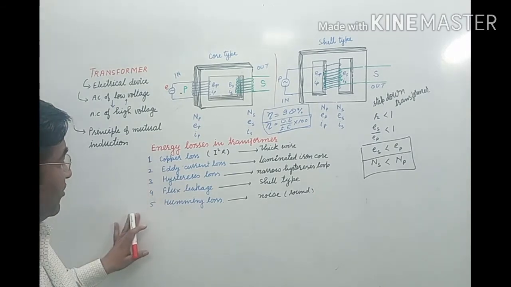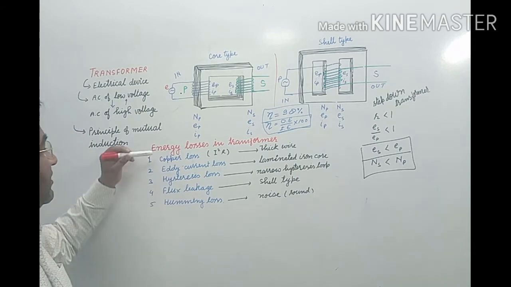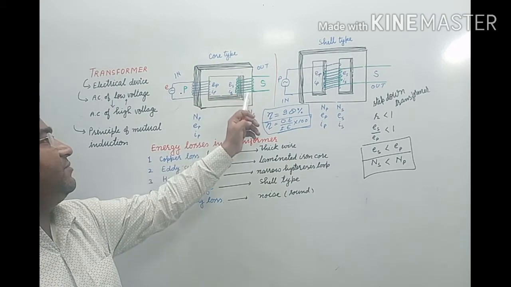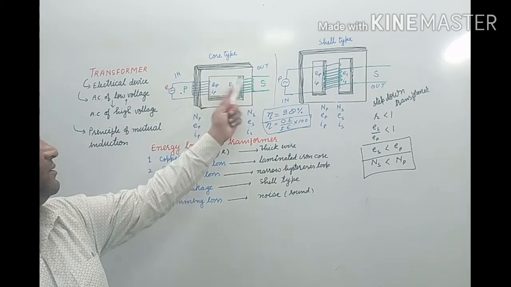There are 5 points given here. First point, copper loss. This is the primary winding and this is the secondary winding, and the coil is made of copper.